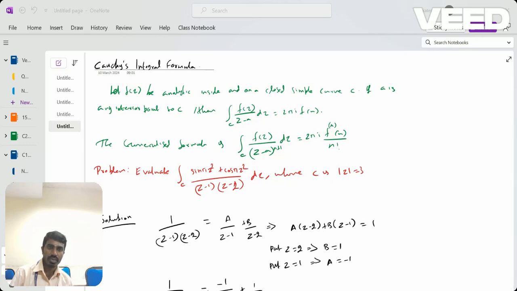So minus 2 pi i, f(1) is minus 1, and f(2) is 1, 2 pi i into 1. So further if we simplify, then you get 4 pi i. This is the value of the given integral. Thank you.